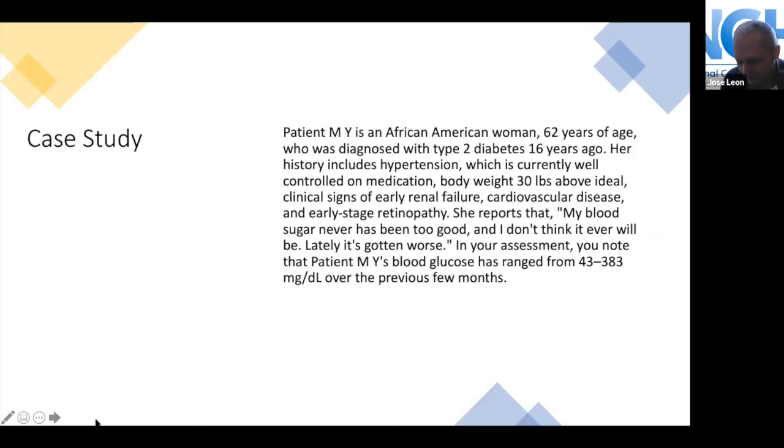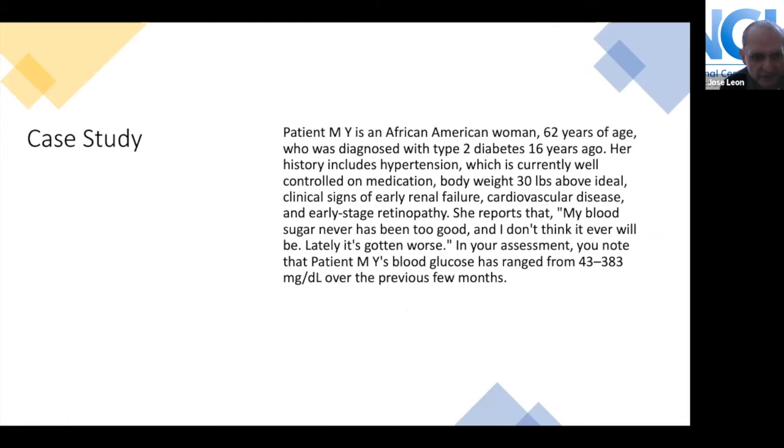This is going to be our case study. We are going to briefly discuss some options and some best practices of what you would do to help these patients. So today we are going to be discussing a patient, MY, an African-American woman, 60 years of age, who was diagnosed with type 2 diabetes 16 years ago.